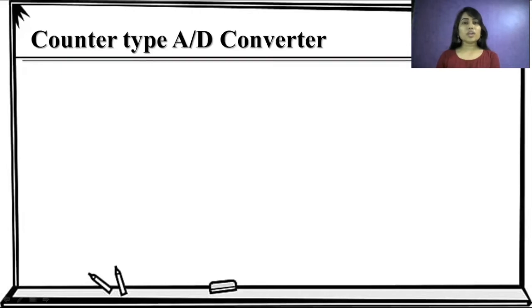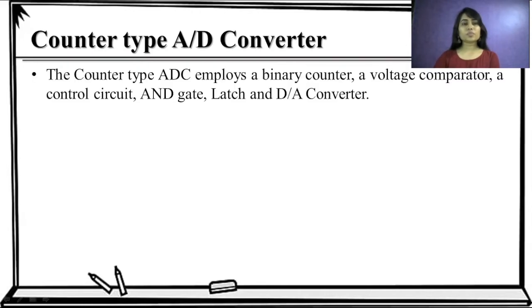Counter type analog to digital converter. The counter type analog to digital converter employs a binary counter, a voltage comparator, a control circuit, an AND gate, a latch and a DAC. The counter is a sequential circuit which counts the values.